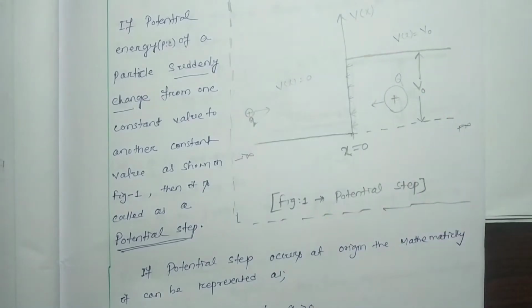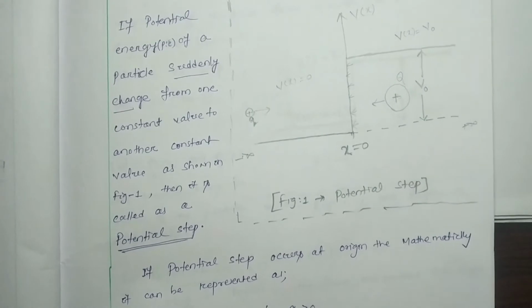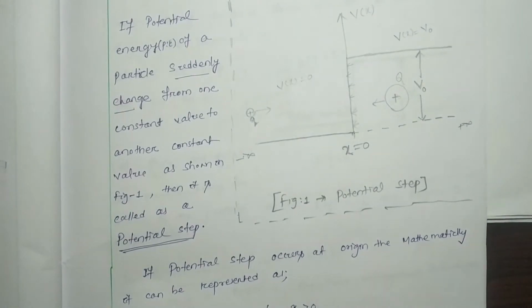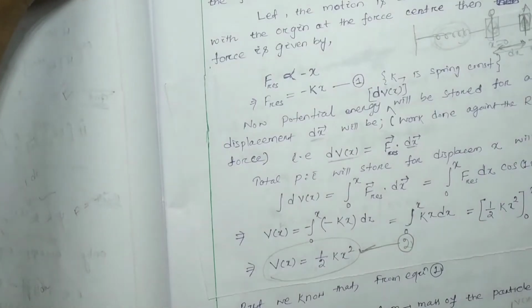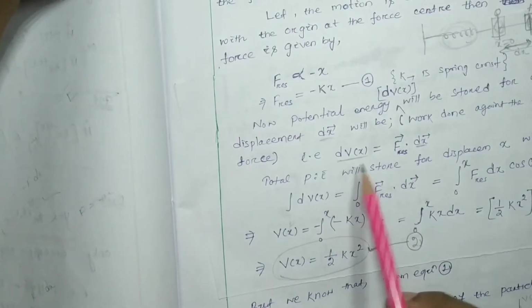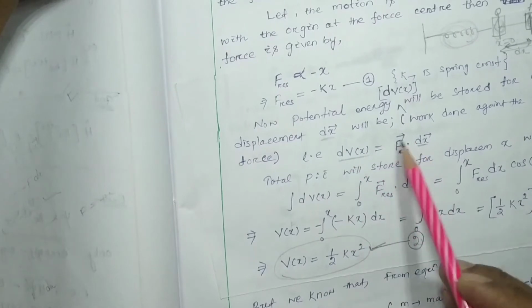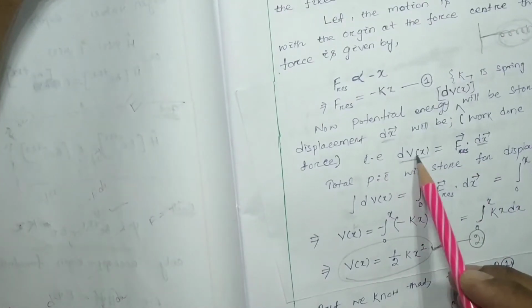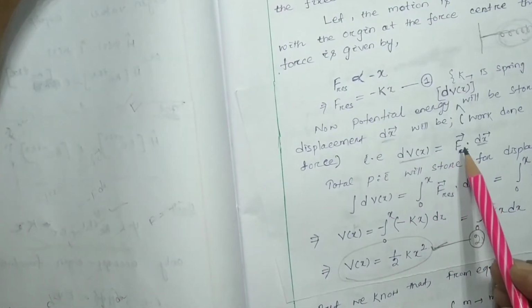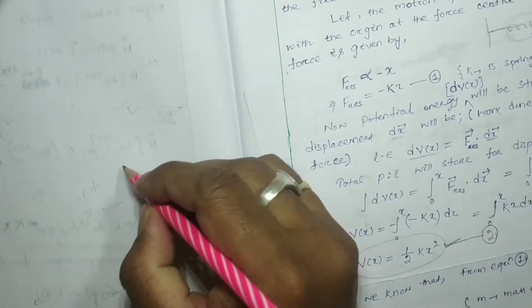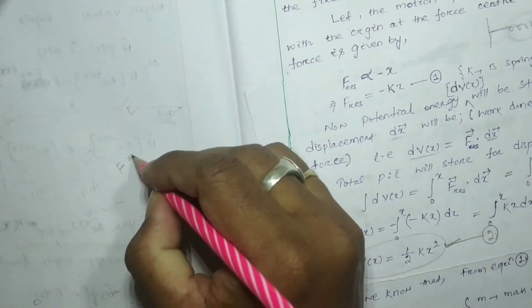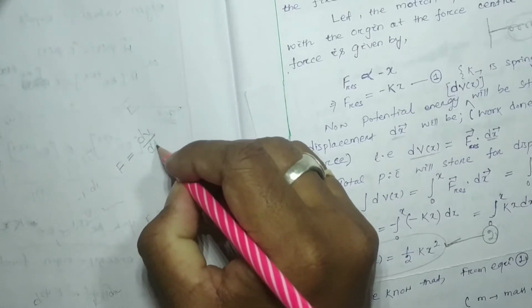And also in our last class we discussed that the so-called potential energy is derived from the force. That means dV(x) will be equal to F dot dx, which means we can say that F will be in the form of dV by dx, like that.